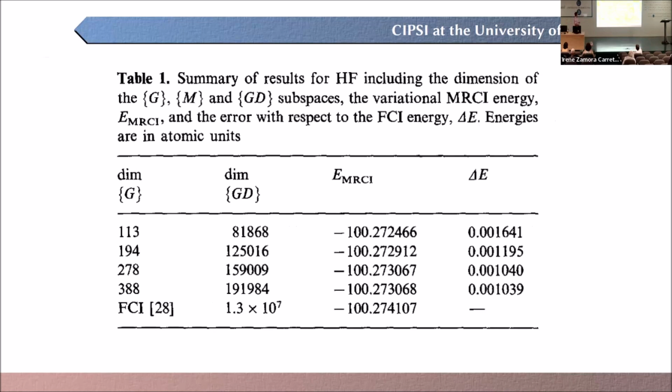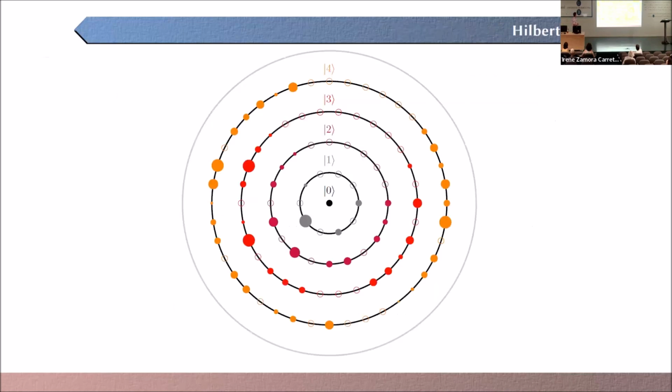So hundreds of thousands, which is pretty impressive for the 90s, actually. You'll see that now, of course, the computers are much better, so we can handle more than this. But already we could do some very interesting stuff many years ago.